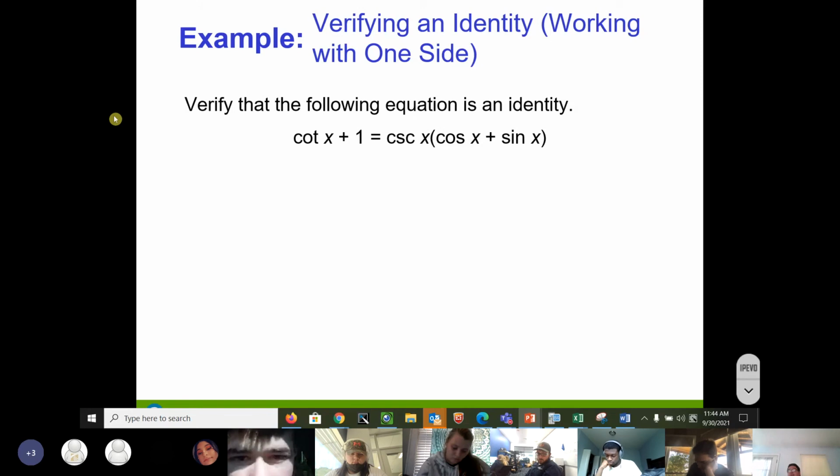First thing you're going to do is go through and see what you can change to cosine and sine. I would focus on that cosecant, because they want to see if you can change this into this. So take a second and work on it. If you can't do it, then we'll just make fun of you.